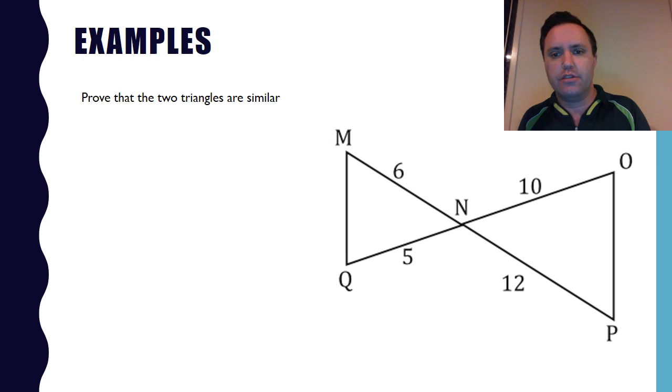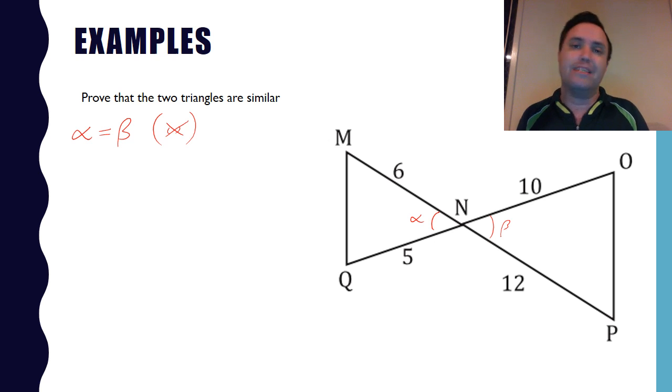So let's look at these angles. Let's call this one alpha and this one beta. We can say that alpha is equal to beta because of our vertically opposite angles rule. It doesn't matter what it is, we just know that they are equal to each other. Let's have a look at our other lengths then.